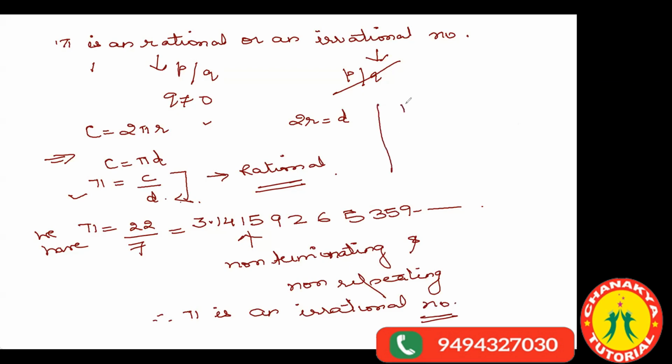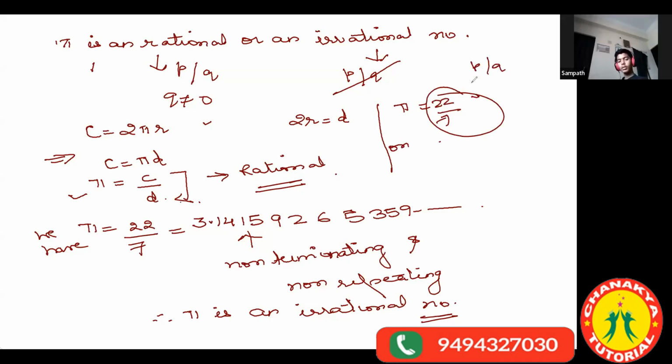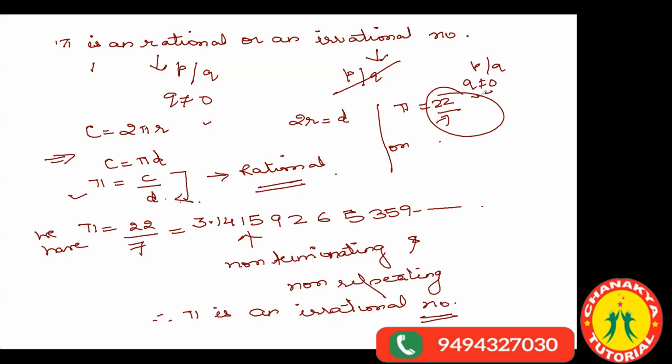If you are asked that pi is equal to 22/7, then on the basis of the rational number definition, this can be written in the form of p by q, where q is not equal to 0. So 22/7, when given, is a rational number. And when the value of pi is given as 3.14159 and so on, then you will say that pi is irrational.